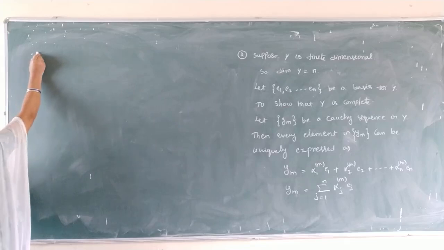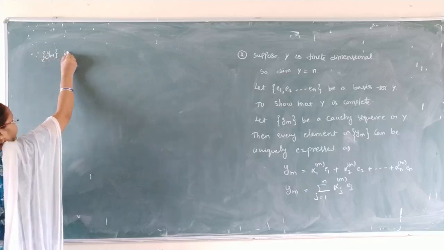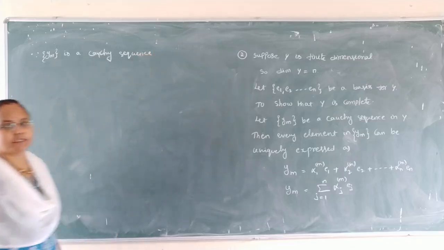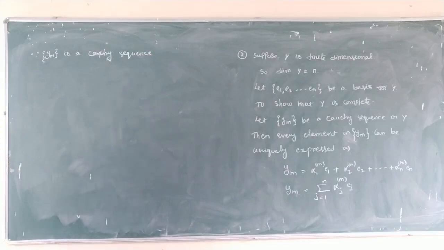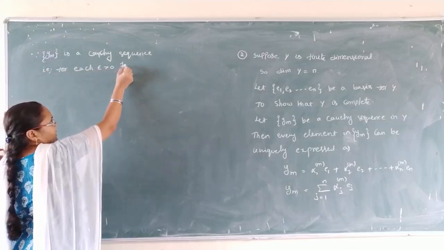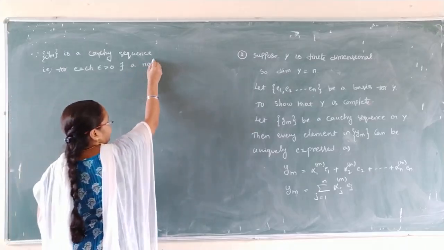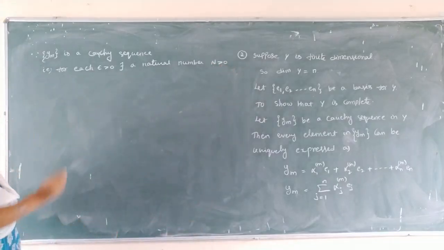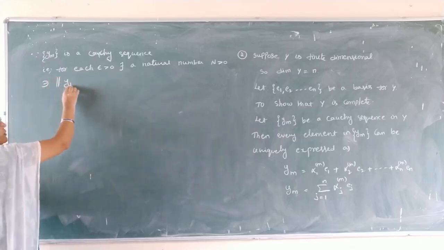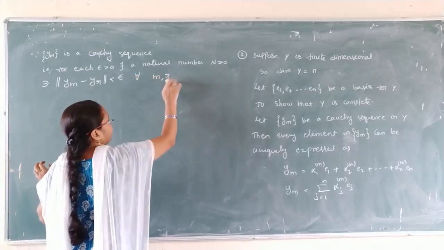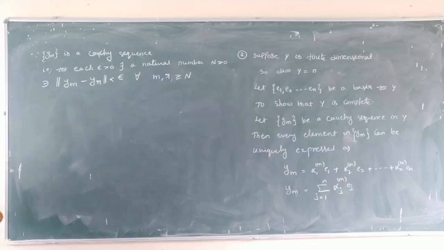Since ym is a Cauchy sequence, by the definition of Cauchy: for each epsilon greater than 0, there exists a natural number capital N greater than 0 such that norm of ym minus yr is less than epsilon for all m, r greater than or equal to capital N. This is nothing but the Cauchy sequence definition.